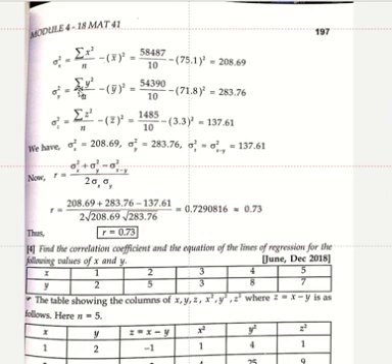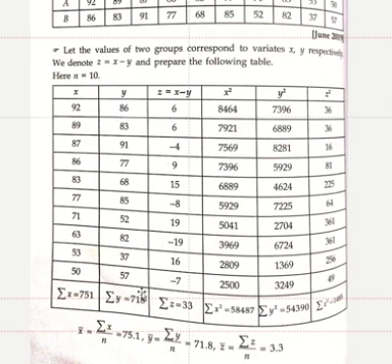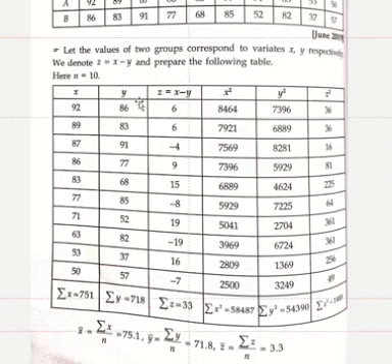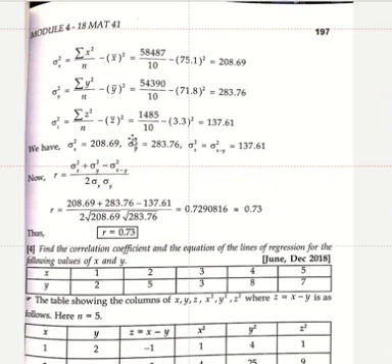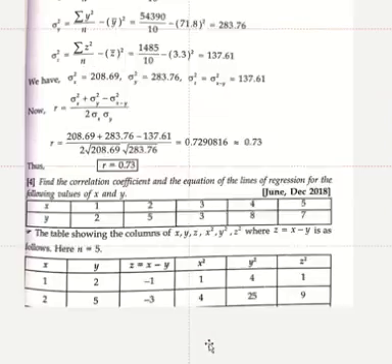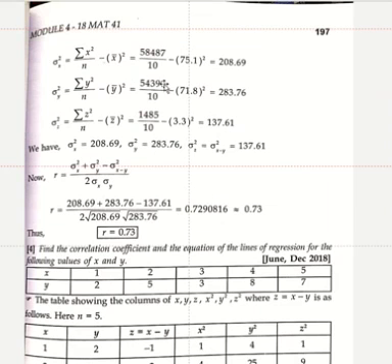Similarly, sigma y whole square is equal to summation of y square, 54390, divided by n is 10, minus y bar 71.8 whole square. After simplification we get 283.76.